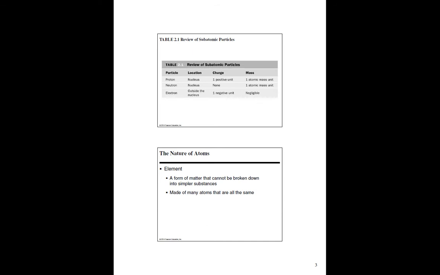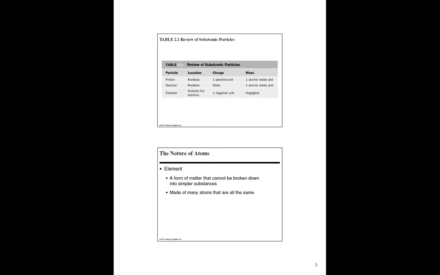So if you think about, for example, the size of an atom as being the size of Lambeau Field, and you take a marble and put it at the center line, at the 40-yard line, that would be equivalent to the size of the nucleus compared to the rest of the atom.